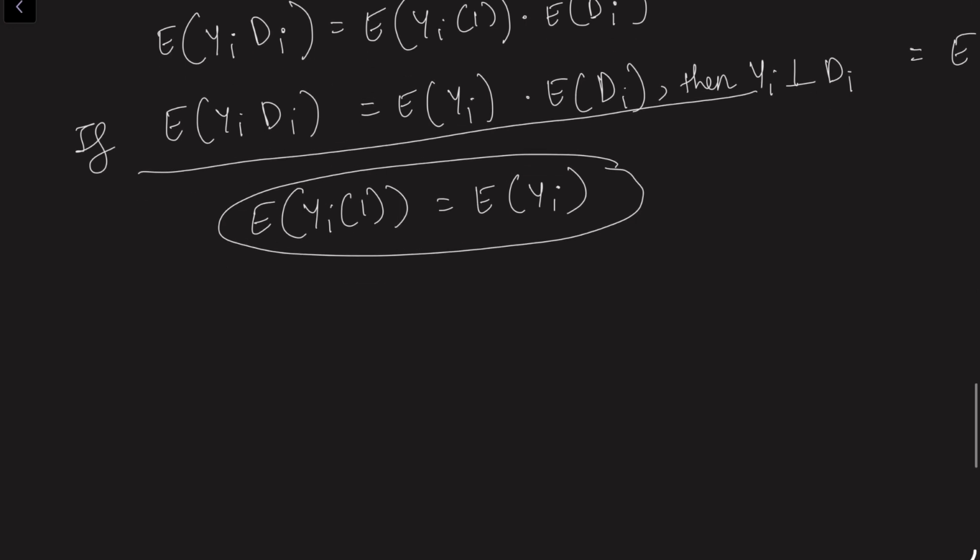But this also means there is no treatment effect. Why? So think about it. If the potential outcome of being treated, which is just for one subgroup, is equal to the observed outcome of the whole group, then it means there was no treatment effect at all.